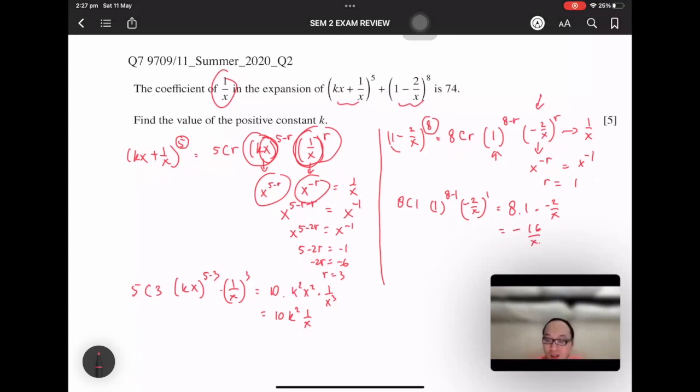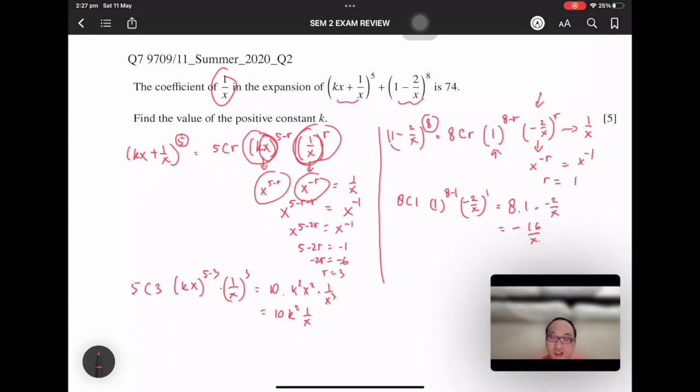Now we can add the terms containing 1 over x. From here we have 10k squared times 1 over x, plus from the second term we have negative 16 over x, and this equals 74 times 1 over x.